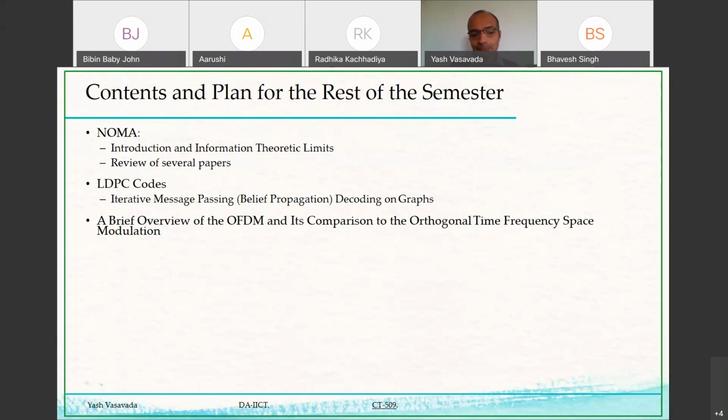And then I had asked you, as an open-ended exercise, to study the OTFS modulation and see how it applies as an extended version of the OFDM concept. That is something that I will spend a little bit of time on.